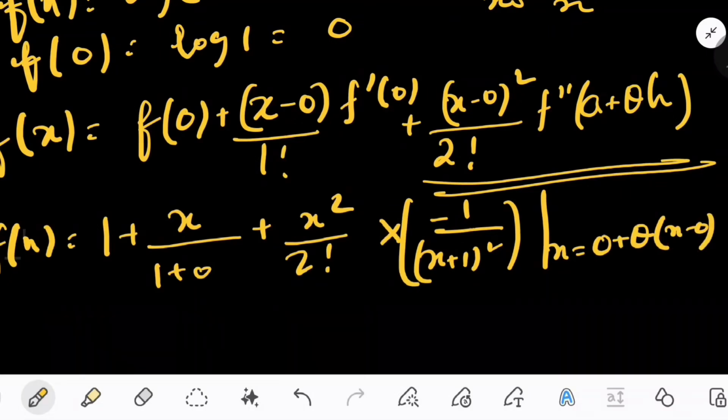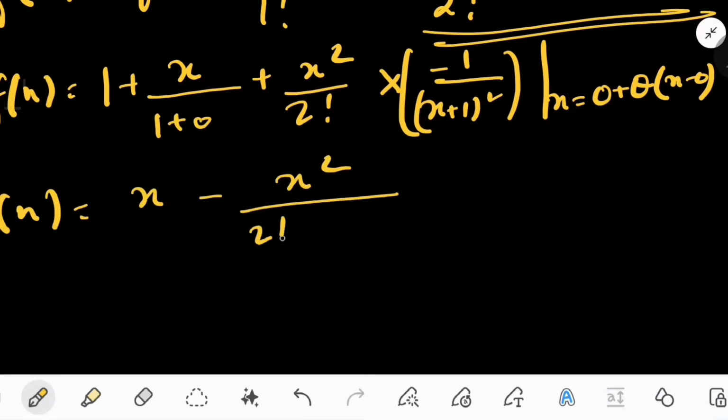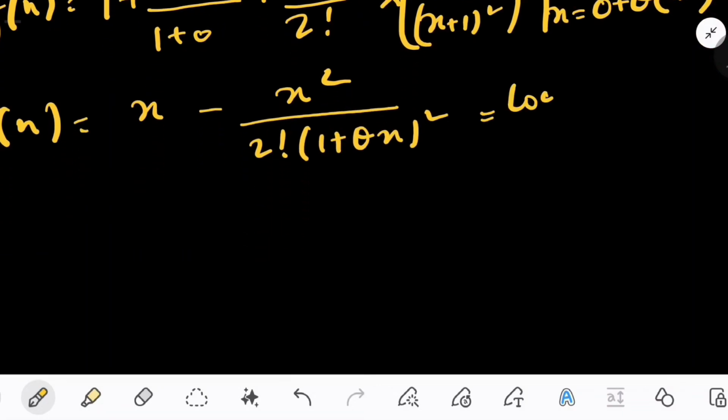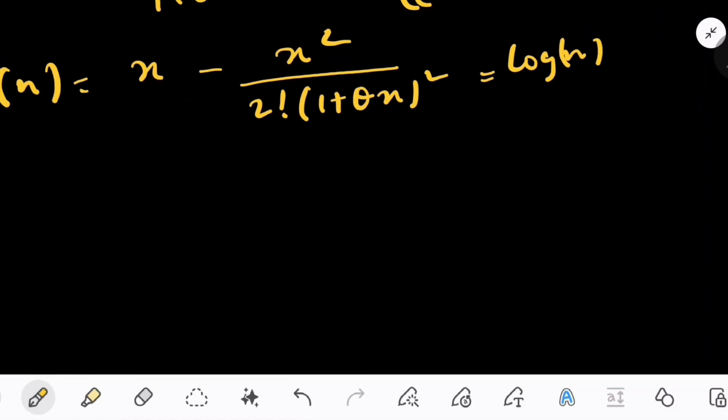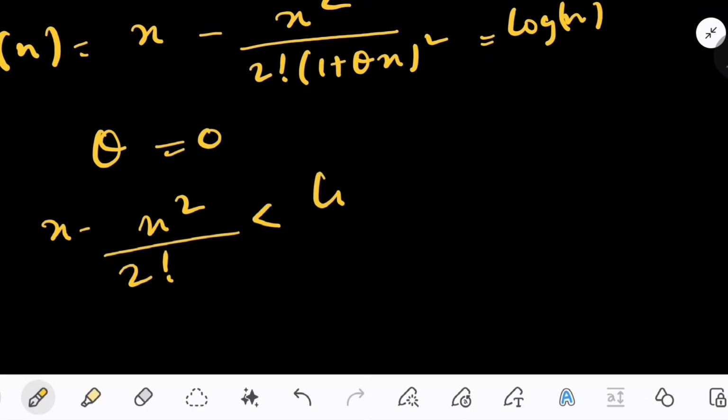Since h is equal to x minus x naught, right? Okay, so f(x) is equal to x minus x square by 2 factorial into (1 plus theta x) whole square, right? It is equal to log(1 plus x), right? Okay, now put theta as 0. You get the x minus x square by 2 factorial expression. And notice that it is the least value, the minimum first value of log(1 plus x).